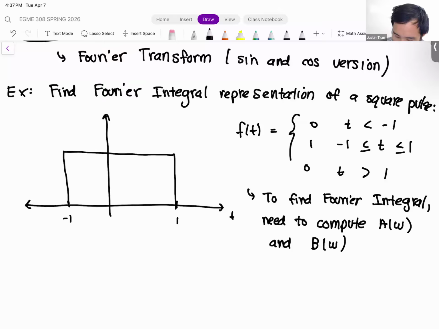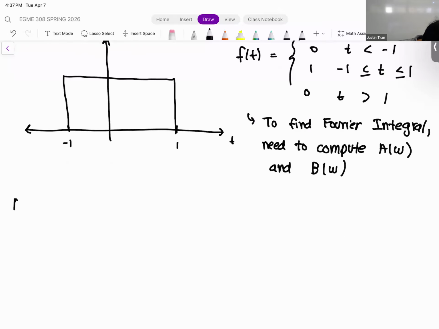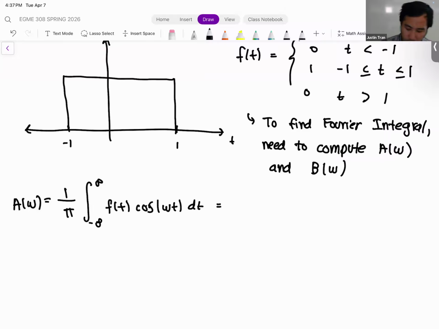Okay, so first let's compute A of omega. Let's go ahead and plug into the formula for that. So we have 1 over pi integral from minus infinity to infinity of f of t cosine omega t dt. Okay. All right, so let's plug in this function. Just like a lot of times in Fourier, we have a discontinuous function, so we need to break this up into our 3 regions.